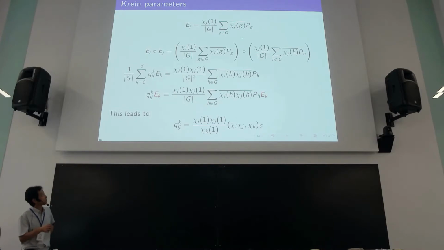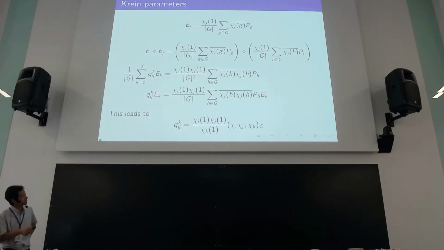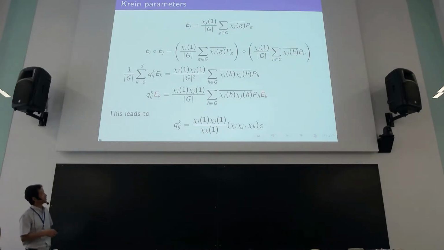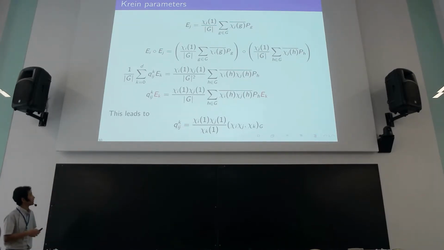So you have to multiply those permutation matrices with these permutation matrices, but we have shown how to do that. So you just repeat that process to get the formula for the prime parameter. Again, you can look at a particular entry of both sides to get this formula for Qijk.